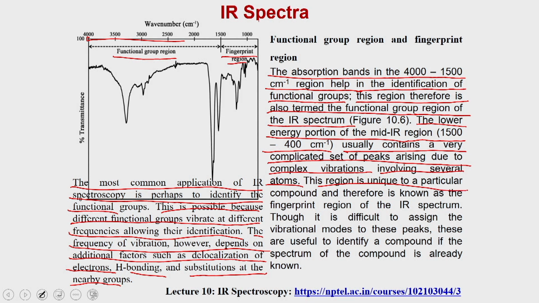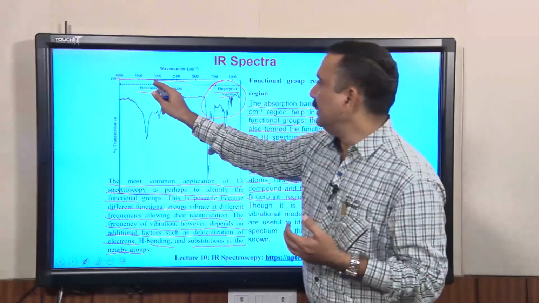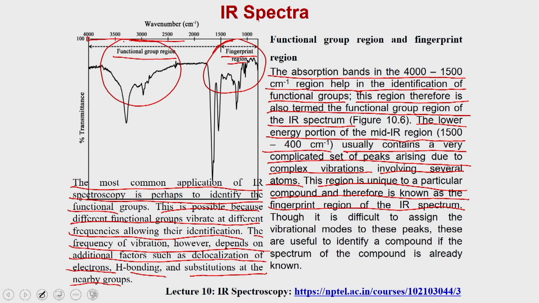This region is unique to a particular compound, and therefore it is known as the fingerprint region of the IR spectra, which means this is the region where you have multiple peaks corresponding to a particular compound, and as a result these peaks tell you the compound, whereas the other peaks give you the presence of a functional group.